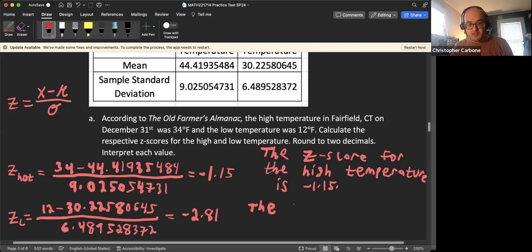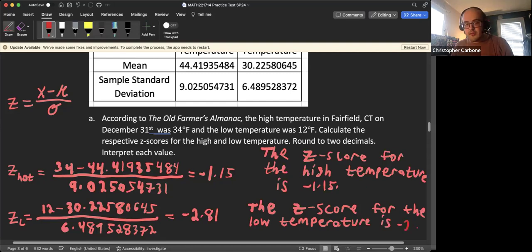The z-score for the low temperature is negative 2.81.